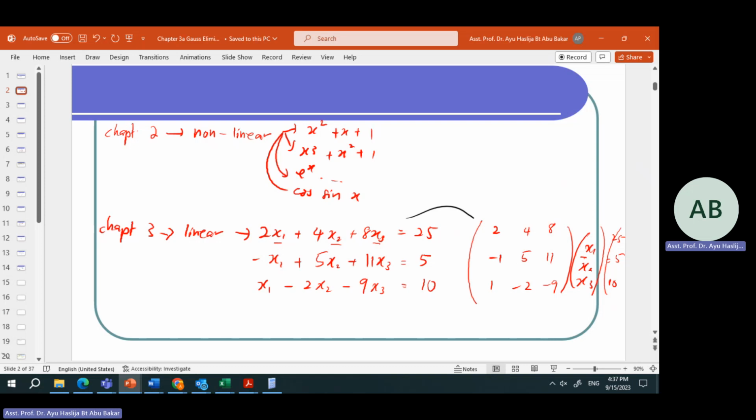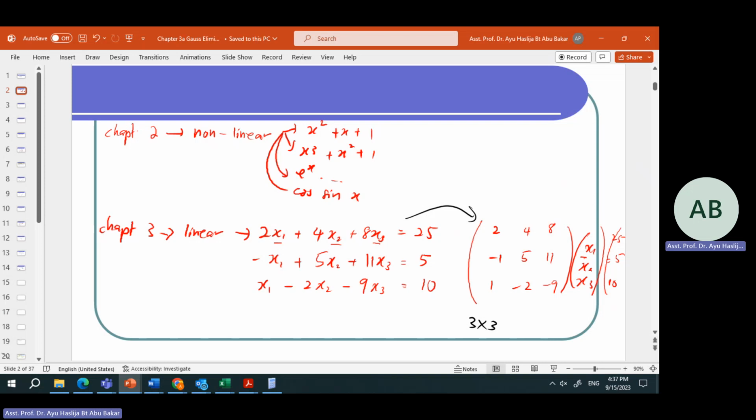Convert into augmented matrix. The aim is to find the unknowns, x1, x2, and x3. These three equations will result in a 3 by 3 matrix. You can have a 2 by 2 matrix or 4 by 4 matrix.